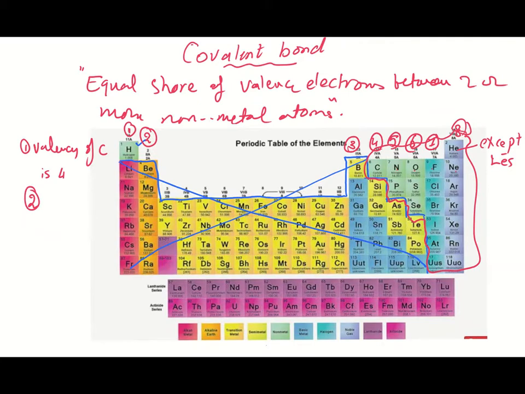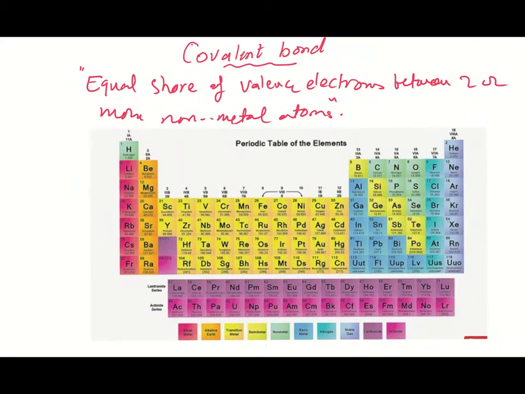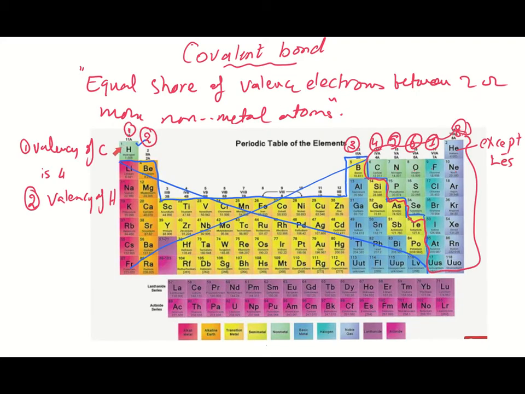Hydrogen. Hydrogen is in group 1. So hydrogen needs only to share 1 electron to reach the structure of the next noble gas, which is helium. So the valency of hydrogen is 1. Cl.